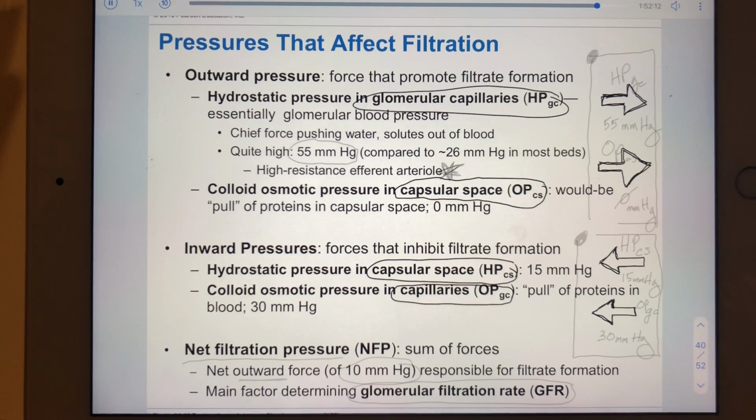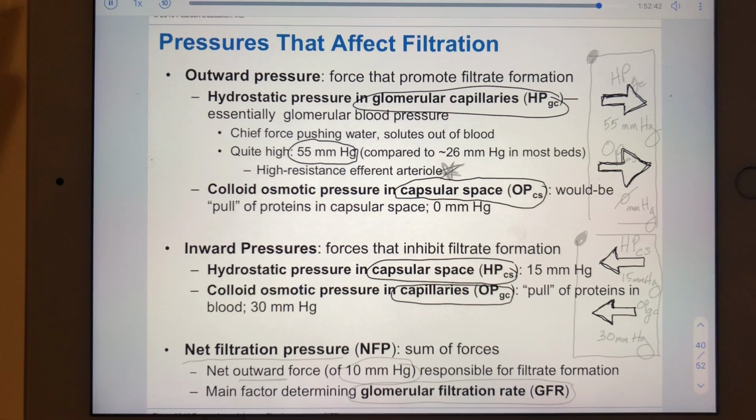Well, in the glomerulus, blood pressure is actually remarkably high. In most capillary beds in the body, blood pressure is about 26, as you may remember, millimeters of mercury, okay? But in the glomerulus, dang! Blood pressure is about 55 millimeters of mercury. That's very high. Why is it so high?